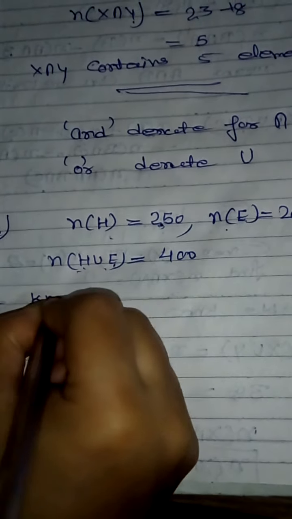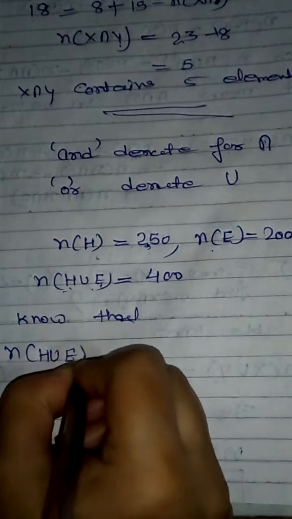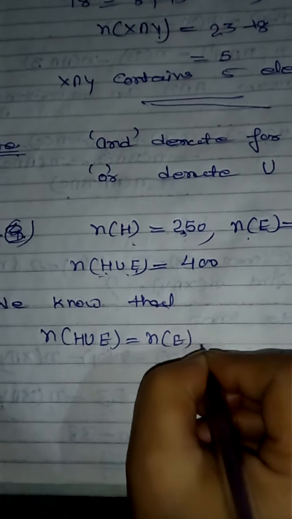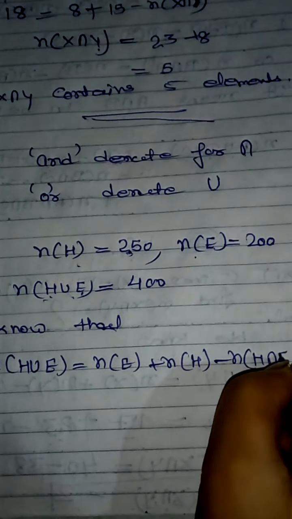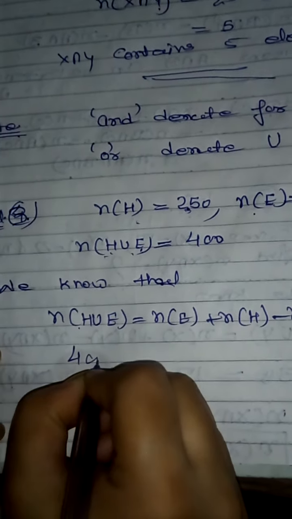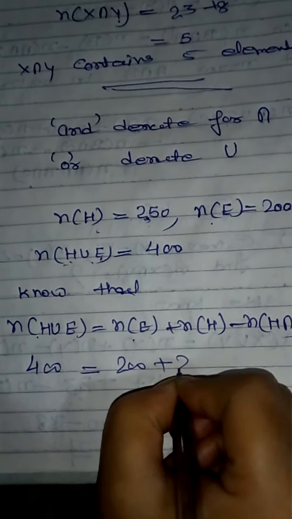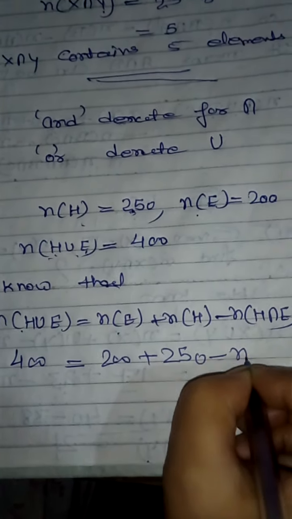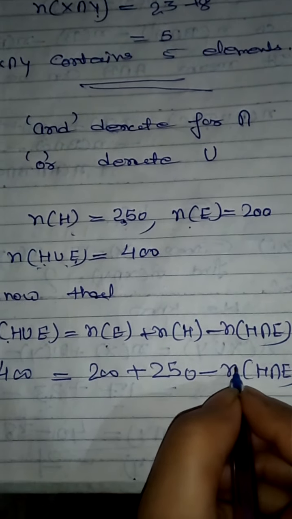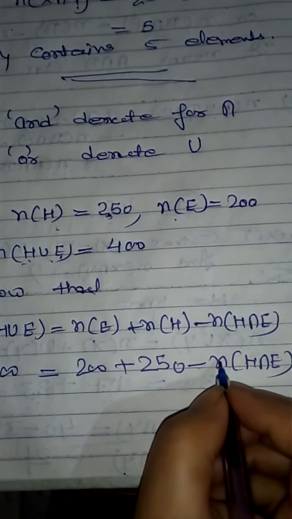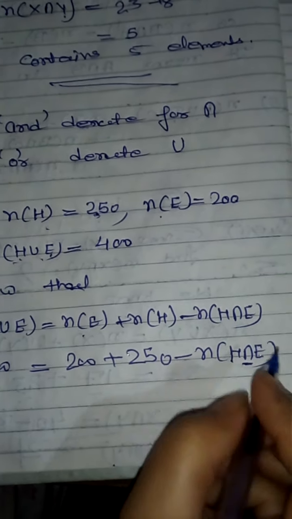We know that n of H union E is equal to n of E plus n of H minus n of H intersection E. So we will put the value here: 400, n of E is 200, n of H is 250, minus n of H intersection E, because in the question it is given to find out how many people can speak both Hindi and English, and the word 'and' is used here.